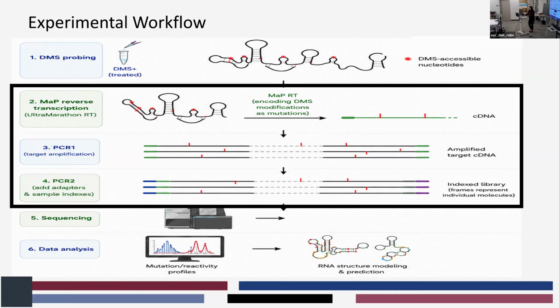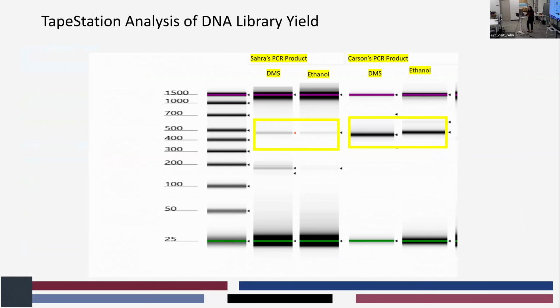And this was where I ran into a challenge. When we measured the DNA concentration, it was too low for sequencing. The TapeStation also showed some unwanted product in the sample. So this is the result from the TapeStation.